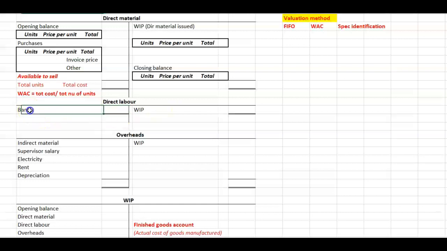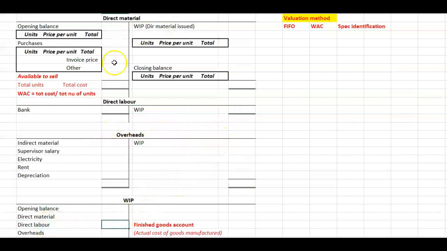Right. So if I've paid you something that belonged to the previous year, I'm going to subtract that. If I still haven't paid anything at the end of the year, I have to add that in order to derive my total direct labor cost pertaining to the current financial period. So I'm going to credit my direct labor account and I'm going to debit my work in process account.